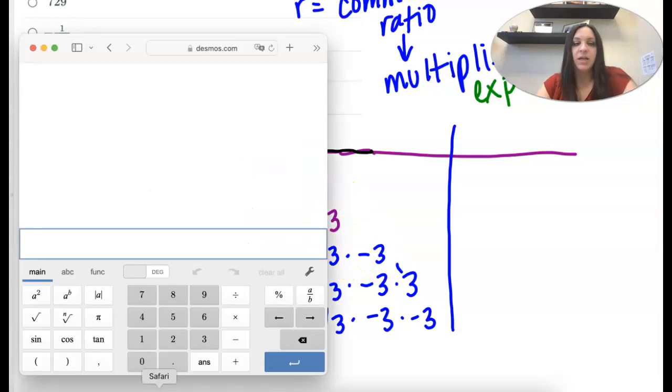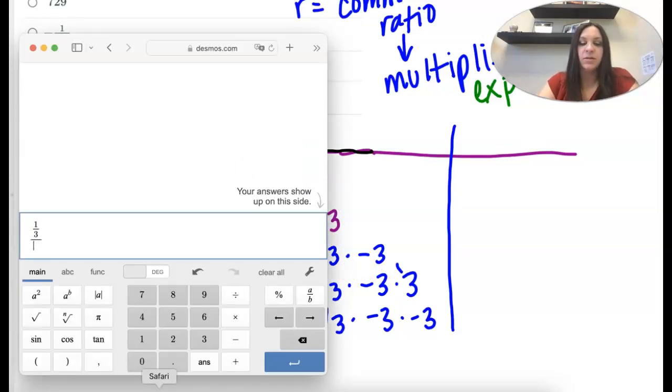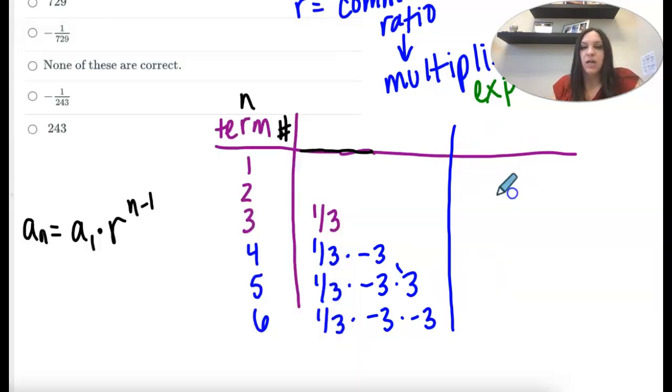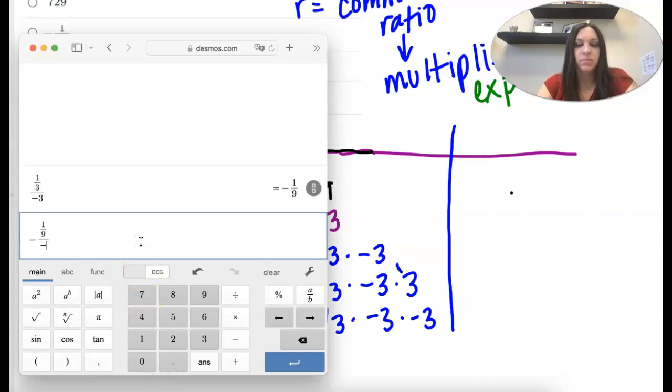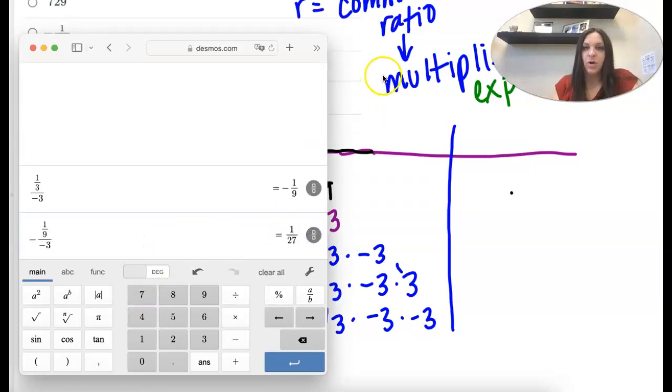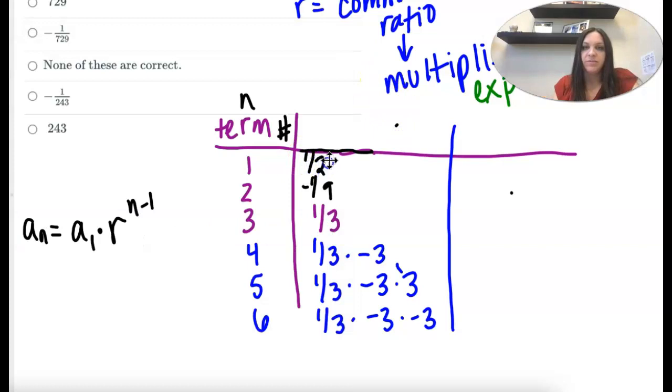We're going to divide by -3 to go backwards. So that's -1/9. And then do it again. That's +1/27. So our equation for this sequence would be 1/27 times -3 to the n-1.